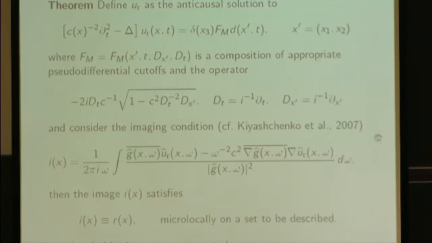X prime is the coordinate in the surface, and we cannot inject it right away. We need some factor, and this is a pseudo-differential operator that has basically two components. One is a sort of normalization over here, and the other one consists of pseudo-differential cutoffs.